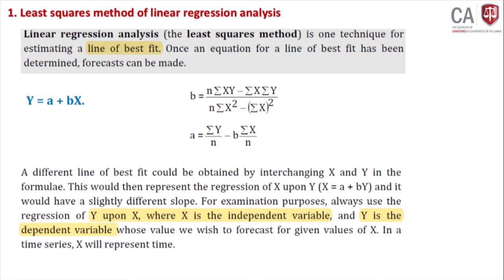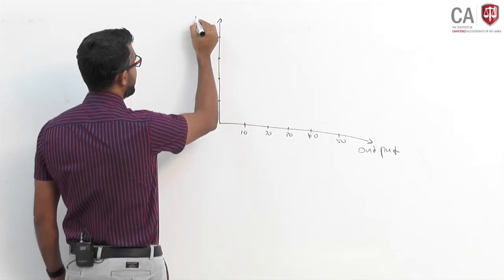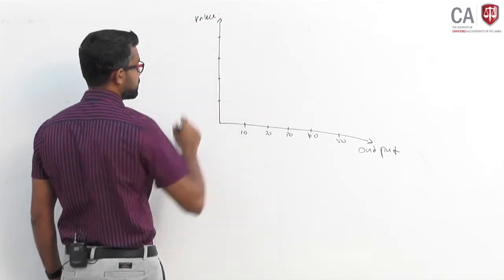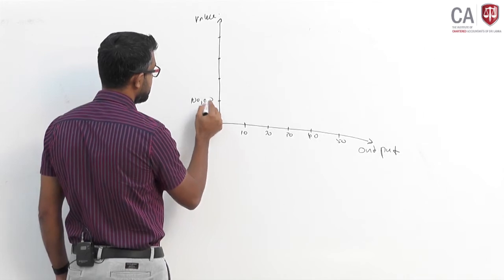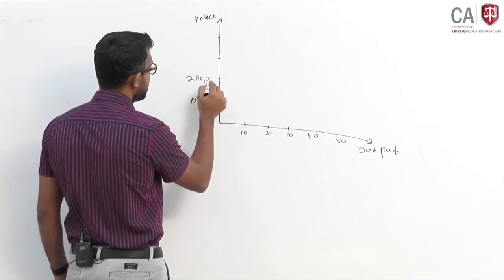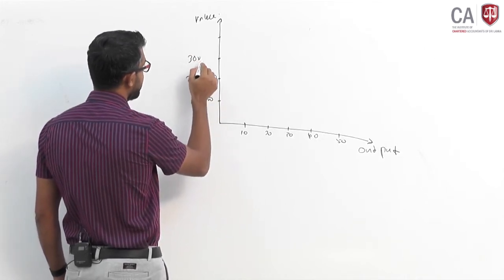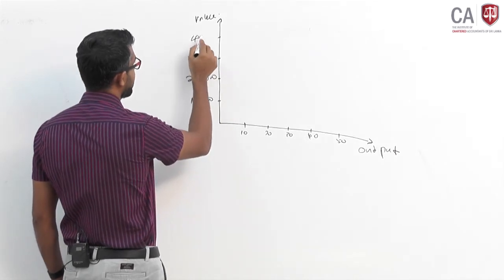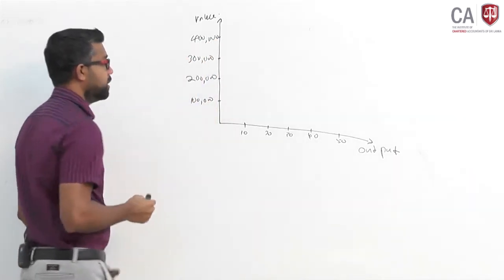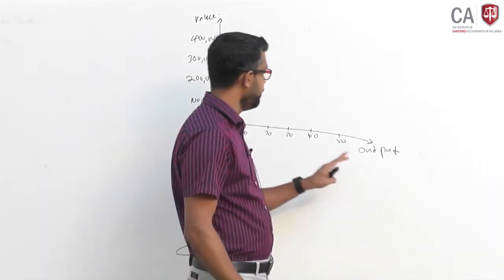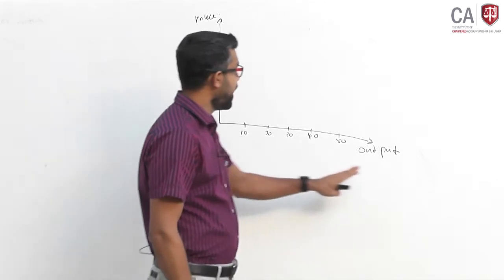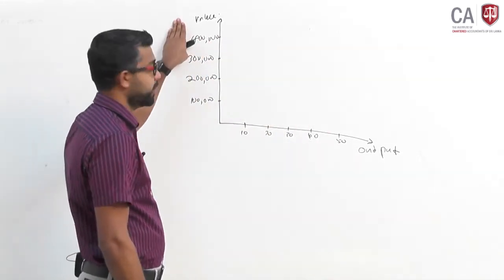Here you have value, let us say 100,000, 200,000, 300,000, 400,000. So what are the variables in this graph? Output and the value.